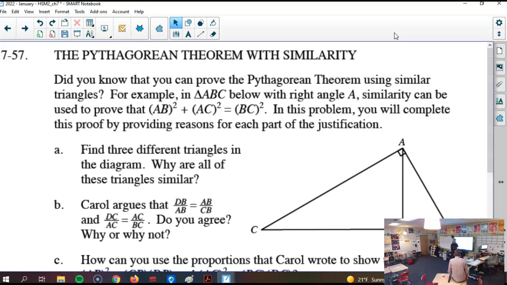So what are we trying to prove? Okay, what we're trying to prove is why are all of these triangles similar to each other?